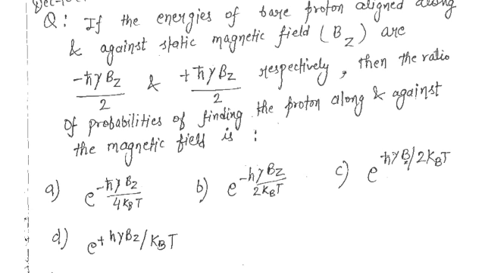So the question is saying to find the probability of finding the proton along and against. So along, P alpha, upon against, that is P beta. We have to actually determine P alpha by P beta.